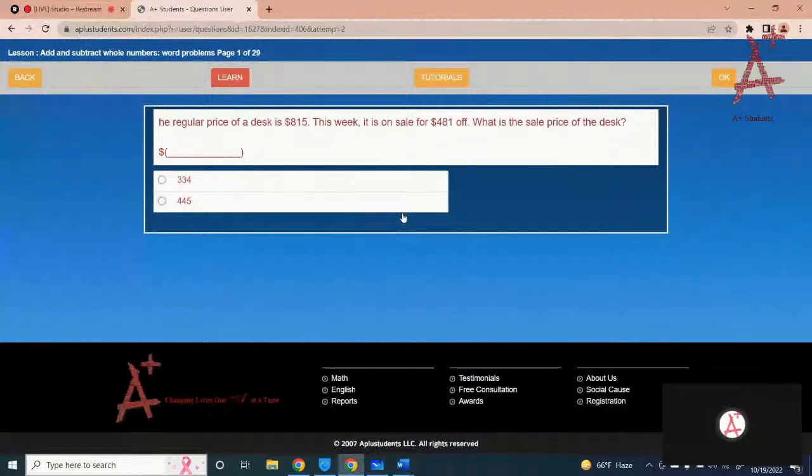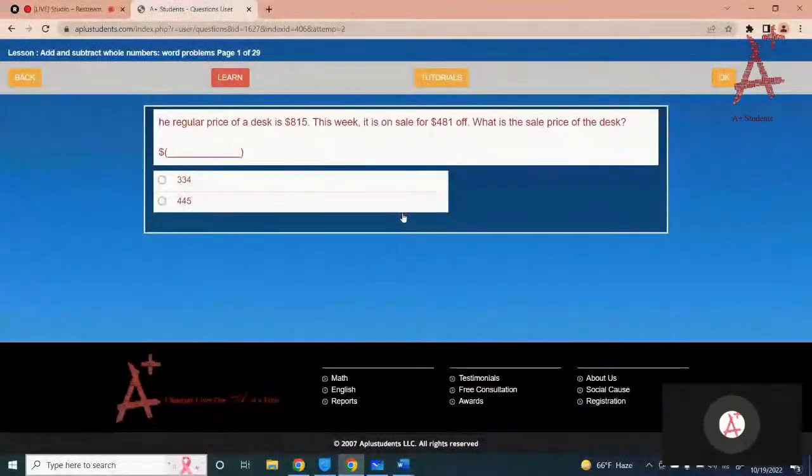Okay, so the regular price of a desk is $815. This week it is on sale for $481 off. What is the sale price of the desk? So please communicate using the live chat option. If you know the answers, you can write the answers.